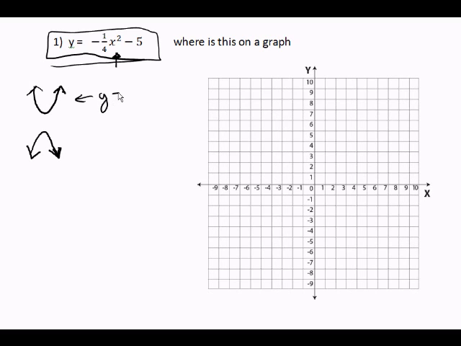Now, this graph here is y equals x squared, just a regular x squared graph. But if the x squared has a negative in front of it, then it's an upside down U, okay? Do you see how this has a negative in front of it? That means it's going to be an upside down U. It's going to be this one right here.